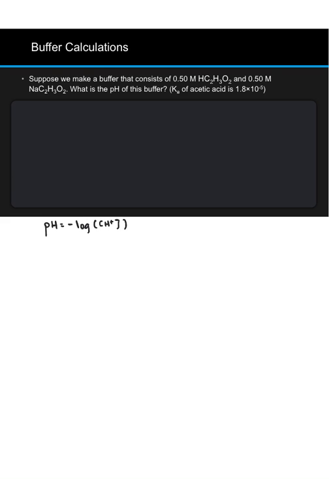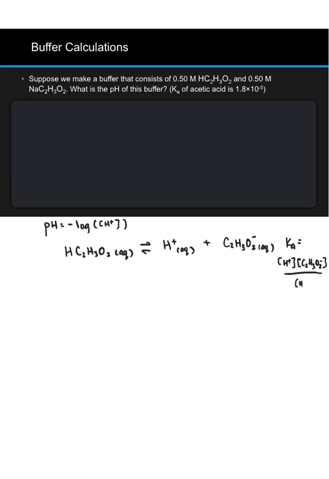So we could set up an ICE table that shows us something about how our acid, acetic acid, reacts in solution. It produces H plus cations when it dissociates and acetate anions, its conjugate base. The Ka value for this reaction is given as the concentration of H plus at equilibrium times the concentration of acetate divided by the concentration of molecular acetic acid.